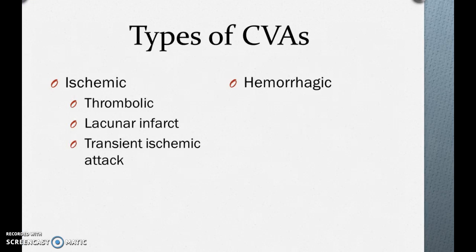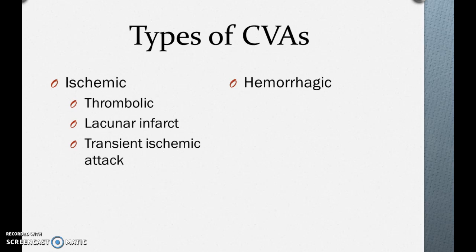So the two types of CVAs: you have your ischemic stroke, which is a loss of blood supply due to some type of blockage, and also your hemorrhagic stroke, which is caused by rupturing of blood vessels in the brain. Under the ischemic stroke is thrombolytic, which is some kind of deposit occluding the artery or blocking the blood flow.